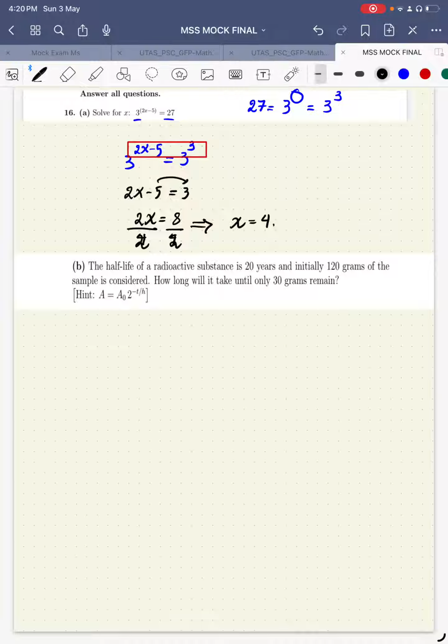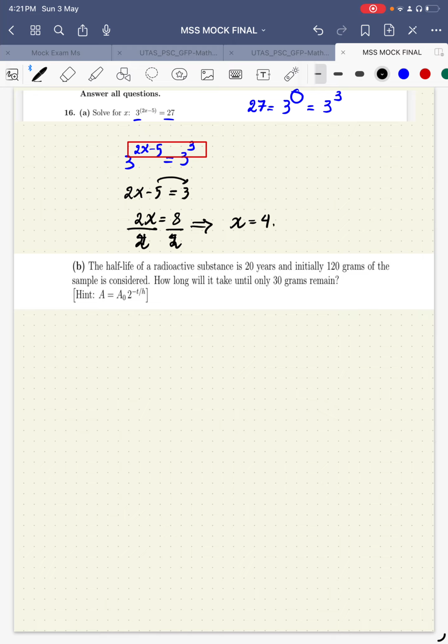So now let's go to letter B. The half-life of a radioactive substance is 20 years, and initially 120 grams of the sample is considered.